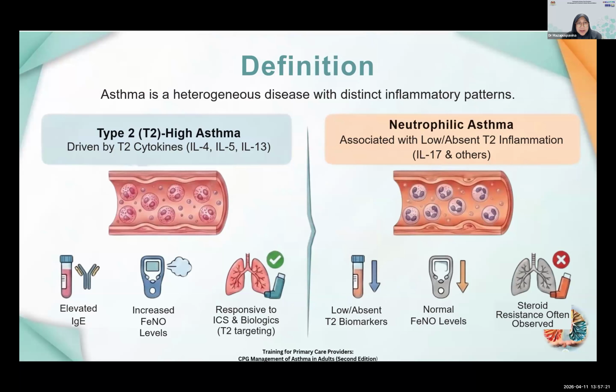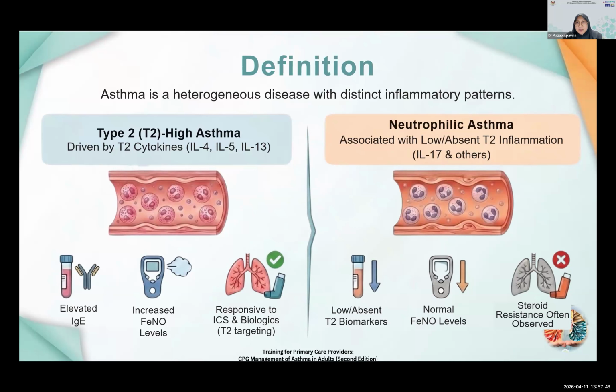This type of asthma causes more inflammation, elevated IgE levels, and increased FeNO levels. I will tell you about FeNO in later slides. This type of asthma is responsive to inhaled corticosteroids and biologics. We're not covering biologics here because we are training primary care providers.